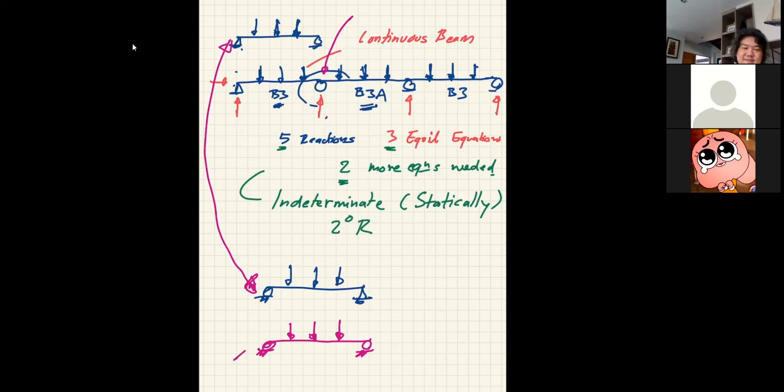Why don't you draw two rollers? You only have the vertical loads, right? Why can't we draw two rollers? As engineers, should we draw two rollers? Yes, because it has only vertical load.